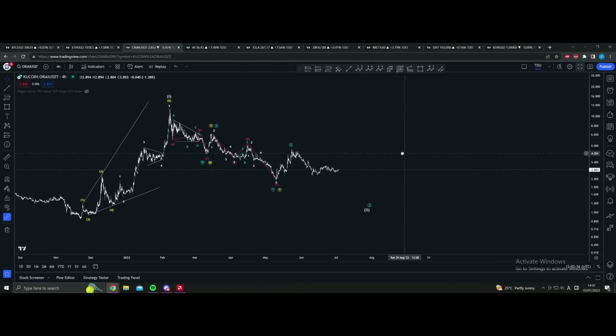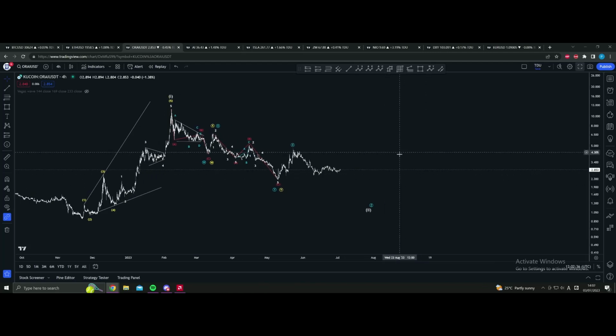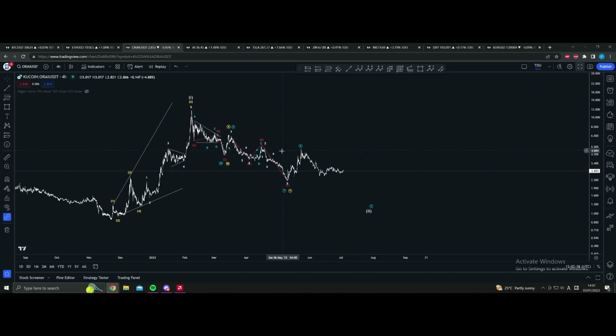This is where I would expect the bottom of ORAI chain, and this being the wave A, we can form some sort of a triangle here or a flat for the wave B, maybe a fake rally, and then again clean the longs and go off.